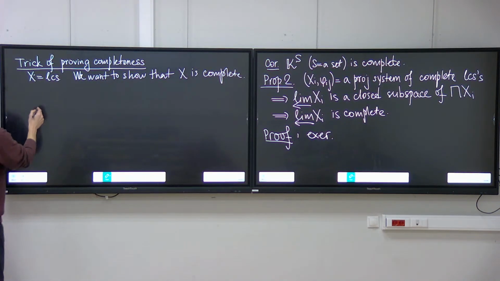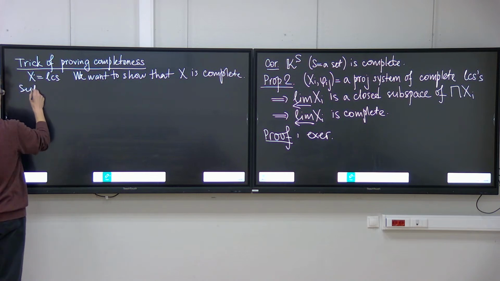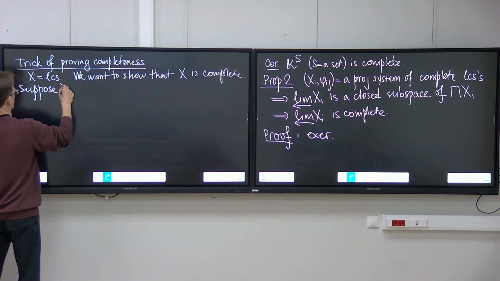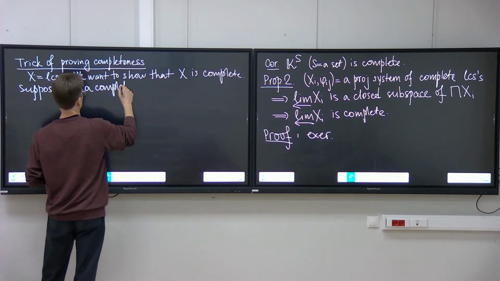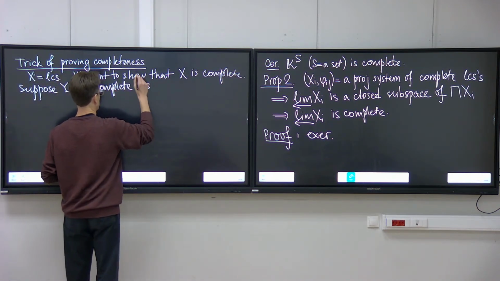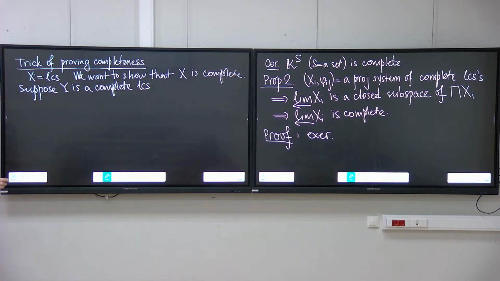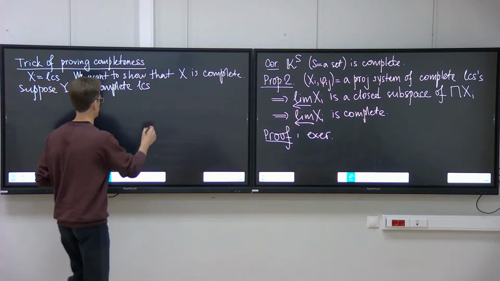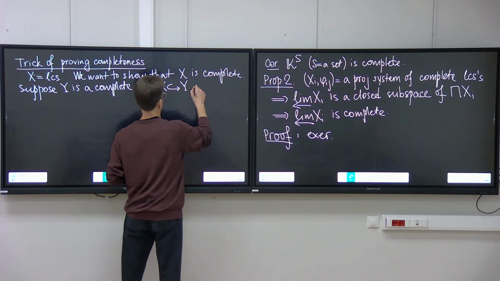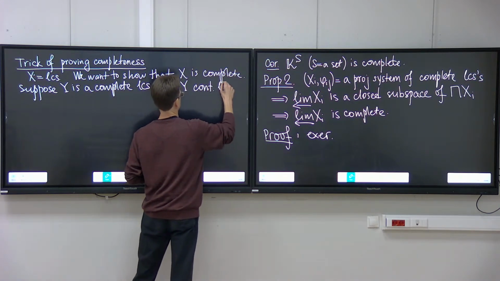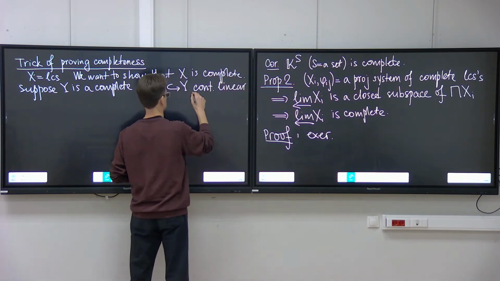Assume that there exists a complete locally convex space Y, and a continuous linear injective map from X to Y.